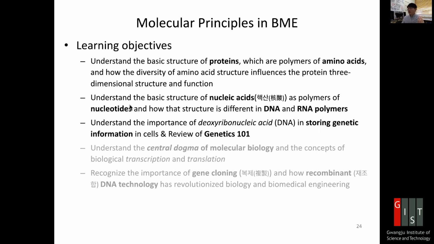The importance of DNA and its structure directly leads to its function, which is storing genetic information. That leads to our better understanding of genetics from the past at a molecular level, and that we now call genomics, because we now have information on the whole genome. So next time we will get into more detail. Thank you for your attention.